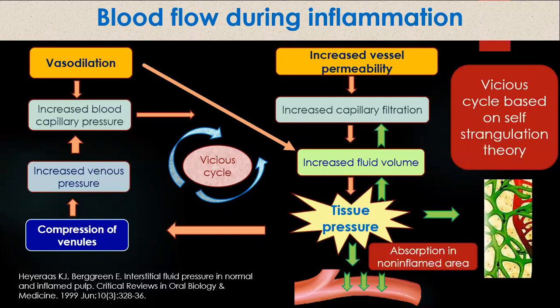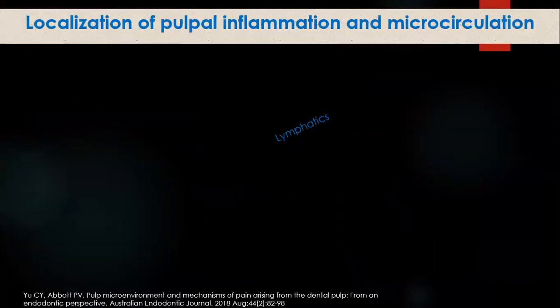So it is most important that at the initial stage, when we have the facility of capillary filtration and absorption, we take some actions to preserve the pulp and prevent the necrosis, right?